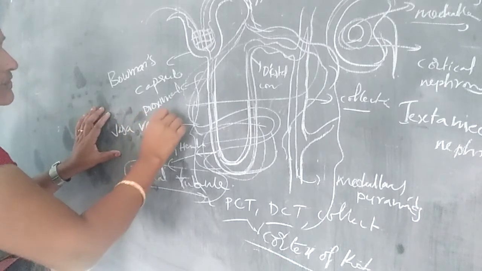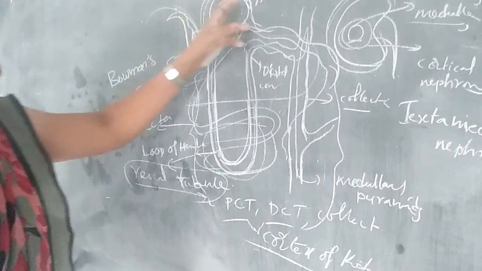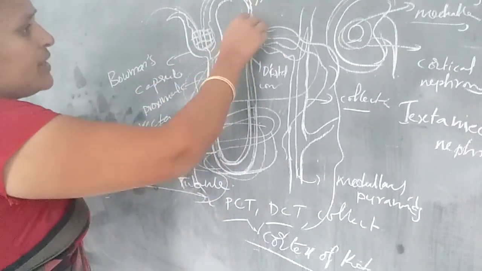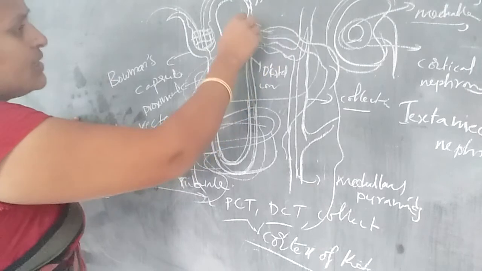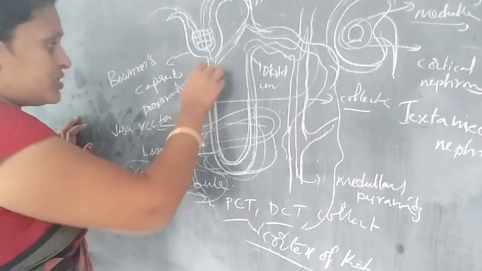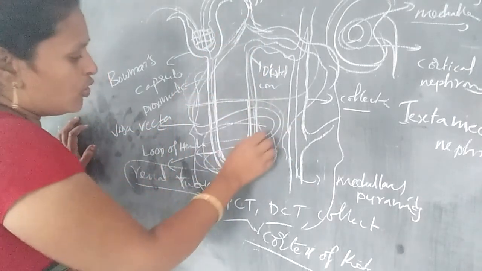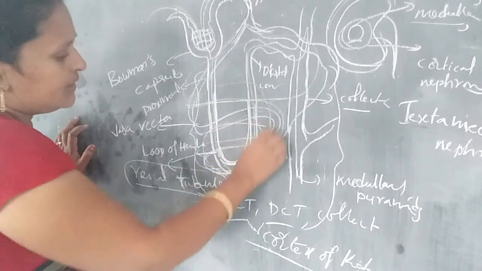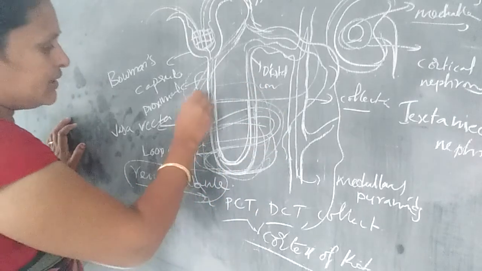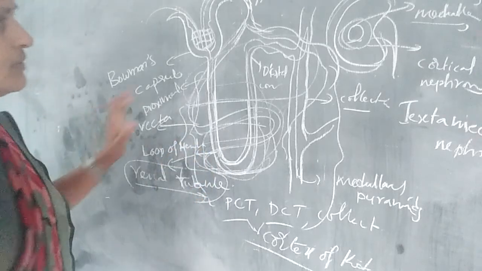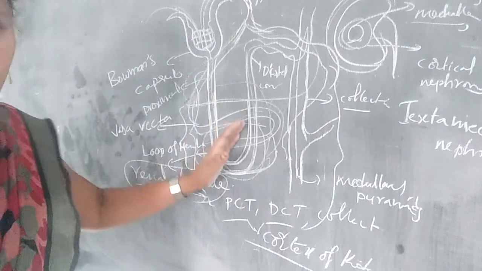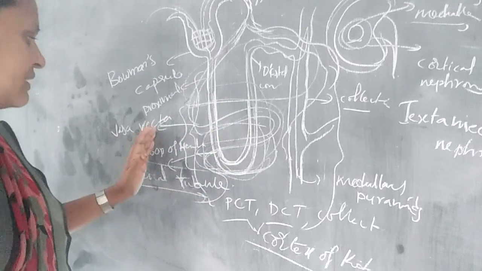The loop of Henle is surrounded by the vasa recta, which comes from the efferent arteriole.